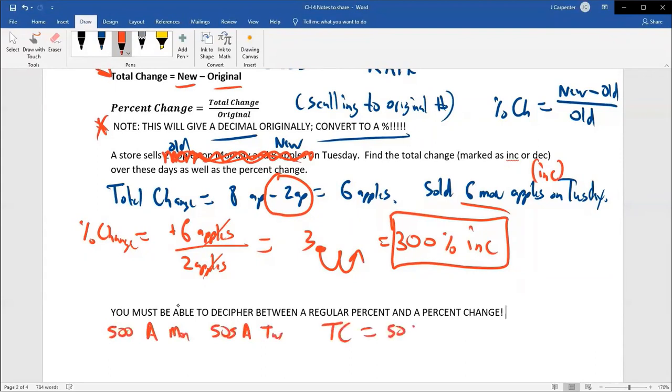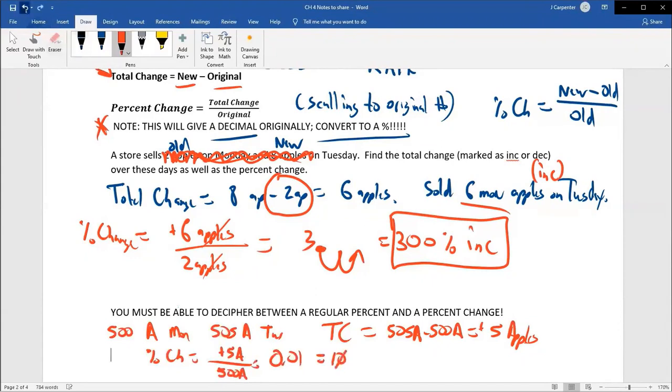You do 505 apples minus 500 apples, which is 5 apples, literally the same exact change, total change that is. But the percent change would be that 5 apple increase divided by the original 500 apples. 5 over 500 is 0.01 or 1/100th. Scaling that to a percent becomes 1% increase.